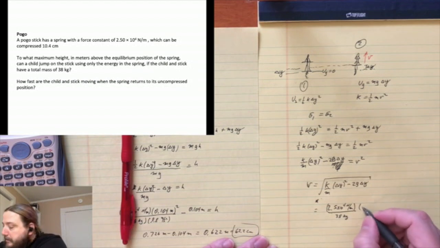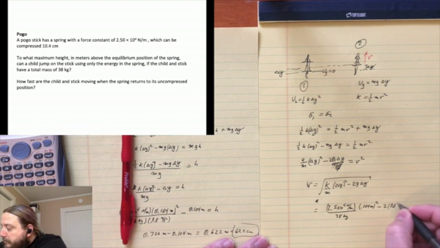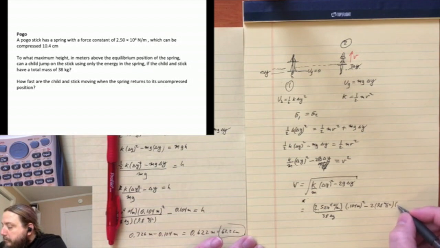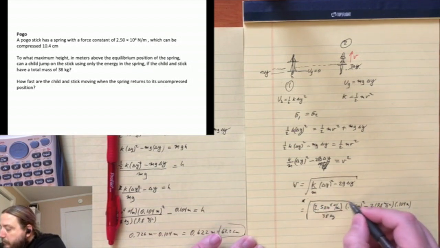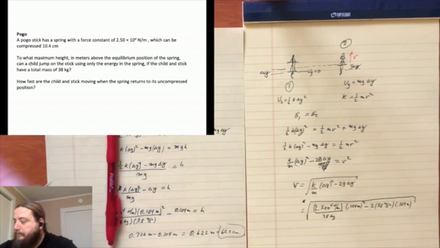Our delta y is 0.104 meters, squared, minus 2 times 9.8 meters per second squared times, again, our delta y of 0.104 meters. Take that whole business and stick it under the square root.